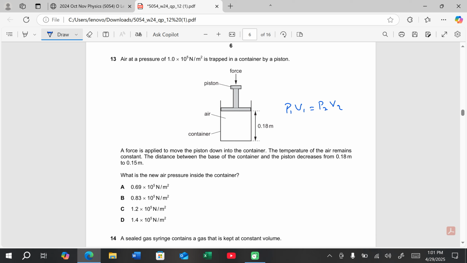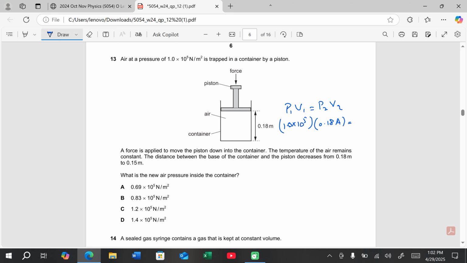So let's start with this. When it was 0.18, the pressure was 1.05 times 10 to the power of 5, and volume was 0.18 times A. A is the area of cross section.